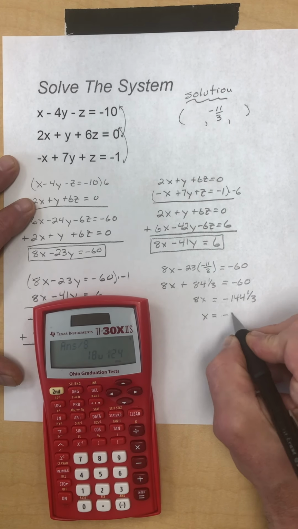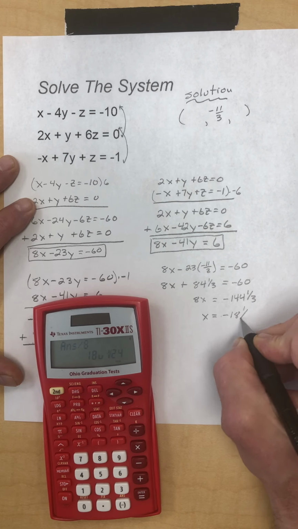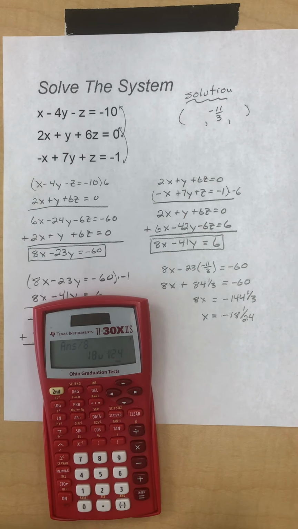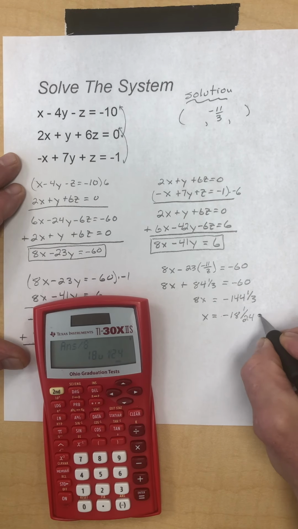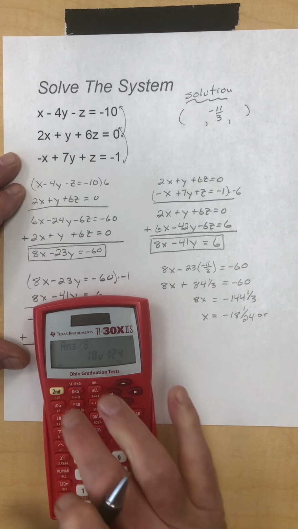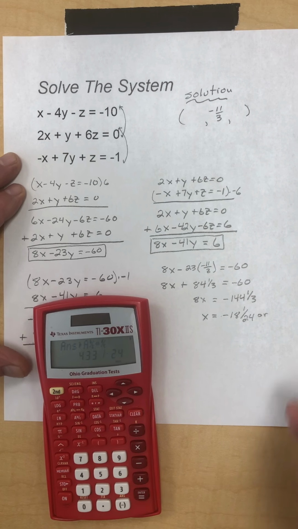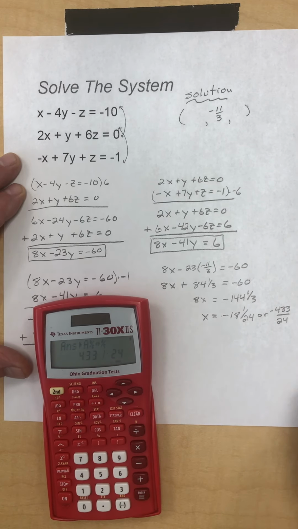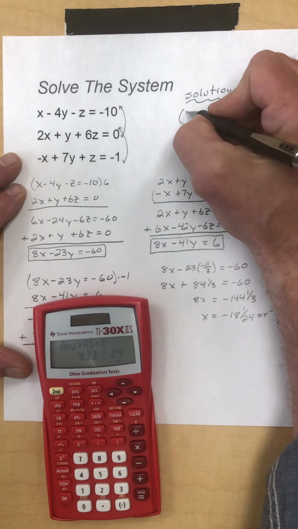So I'm going to get a negative 18 1/24. You can leave it that way, or you could write it as an improper fraction if you wanted to. That'd be a negative 433 over 24. Either one, doesn't make any difference. I'm going with an improper fraction.